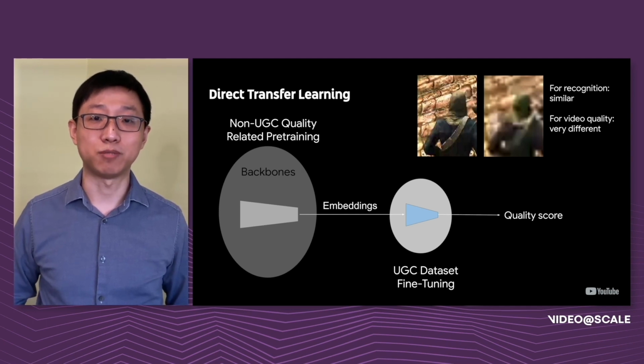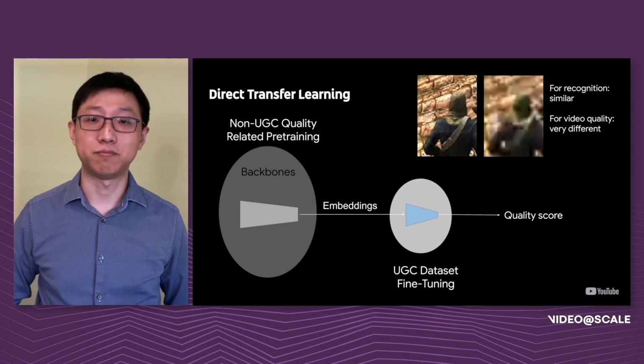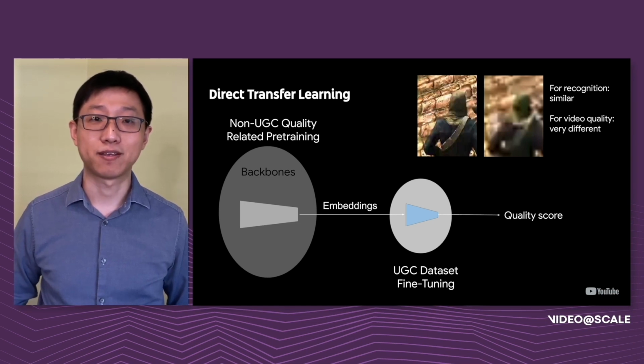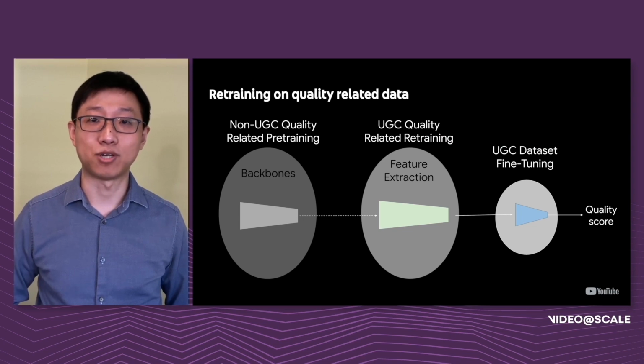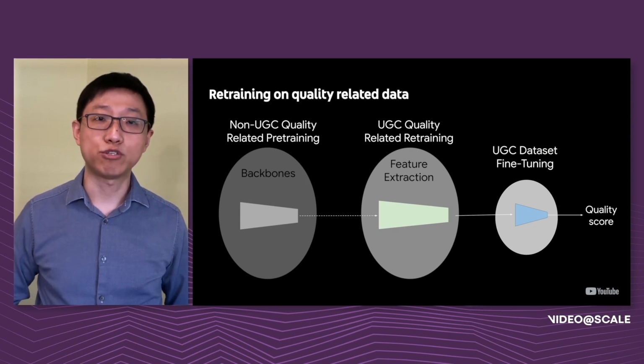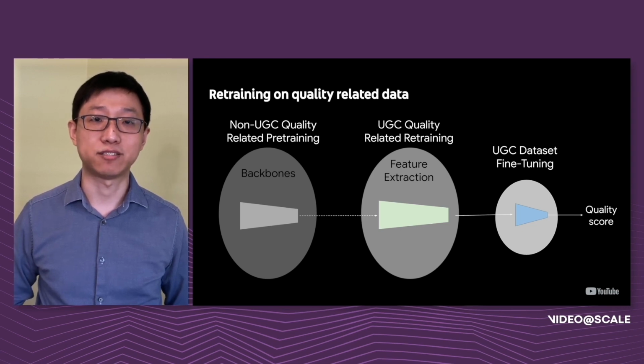To solve this problem, we introduced an intermediate retraining step. Instead of directly using the embeddings from the pre-trained backbone, we retrain the backbone on another large-scale quality-related dataset.